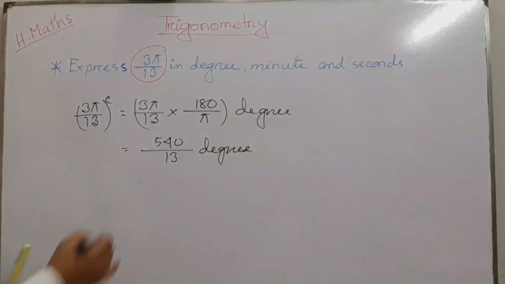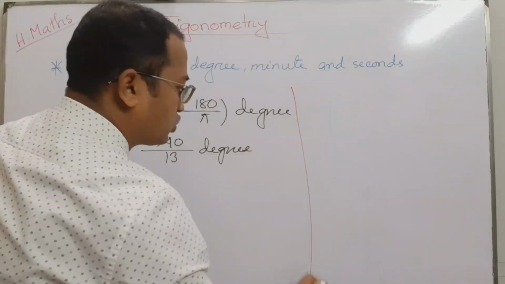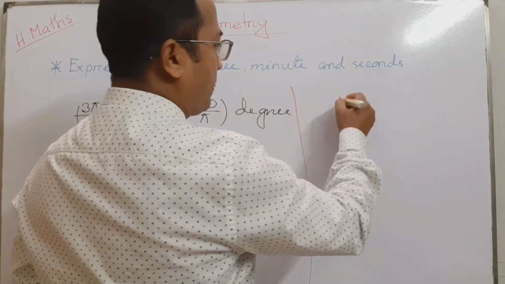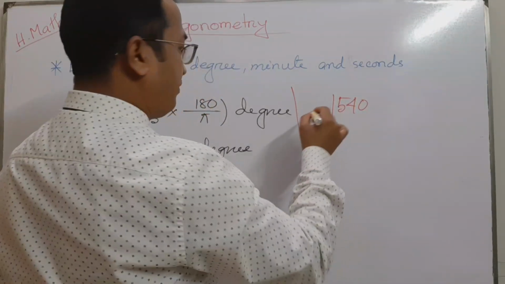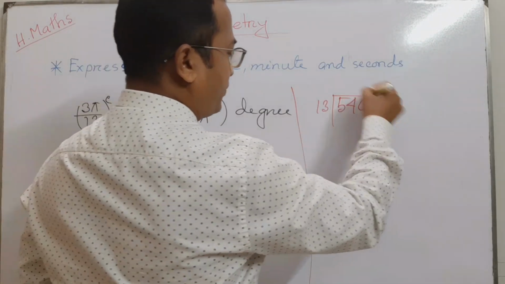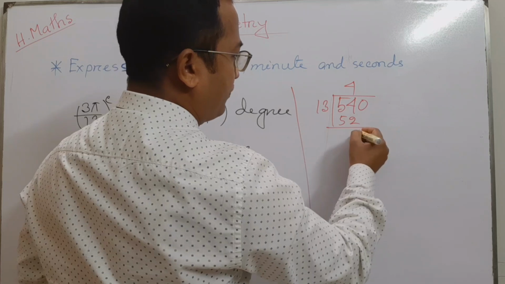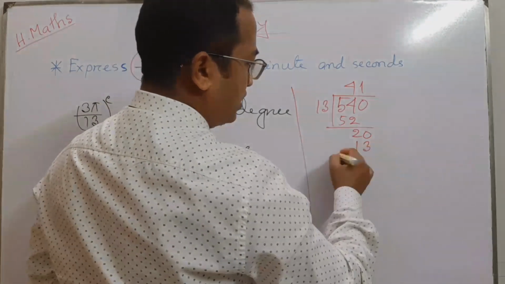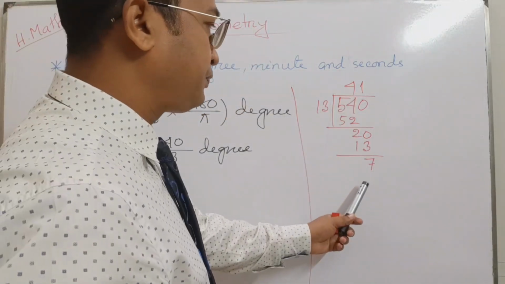Now we convert it into degree, minute and second. How do you convert this into degree, minute and second? I will show this in another portion. You should divide 540 by 13. 13 fours are 52, 20. 13 ones are 13. It remains 7. Actually, this is in degree.